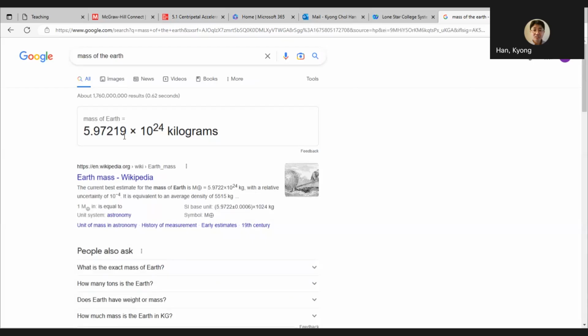The mass of the earth is 5.97 times 10 to the 24 kilogram. Yes, this is the mass of the earth.